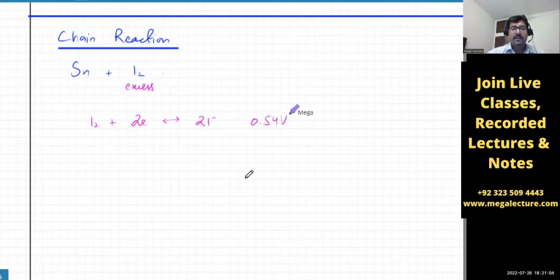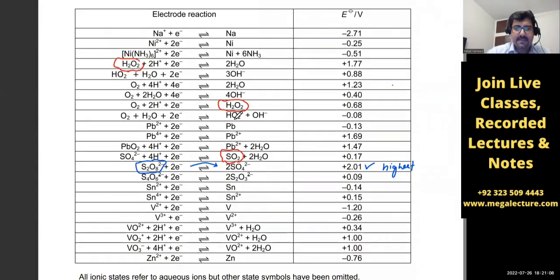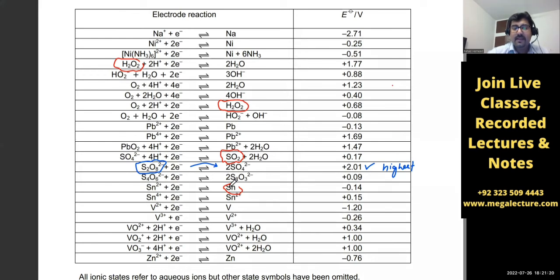So go and find tin, where is tin? Here's, and remember, neutral tin. If you can see over here, this is tin, and that's the only equation for tin. The other one is for tin 4 plus and tin 2 plus. So I'm just going to copy that.